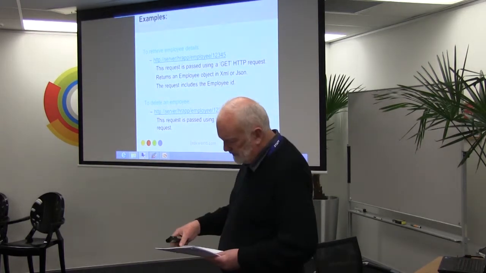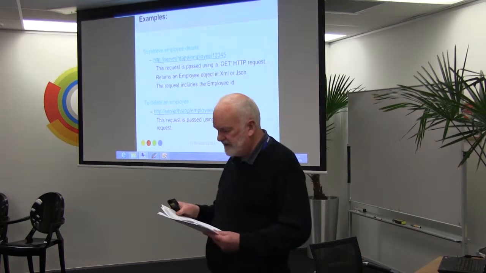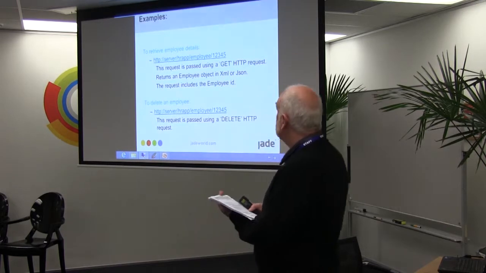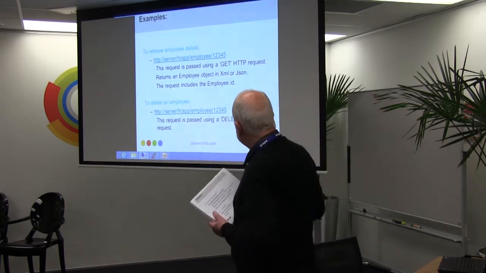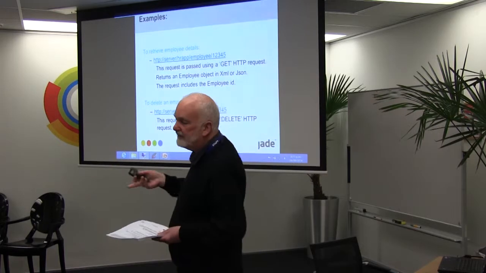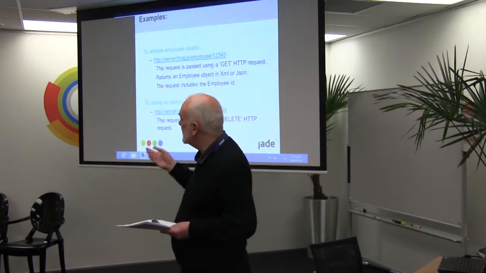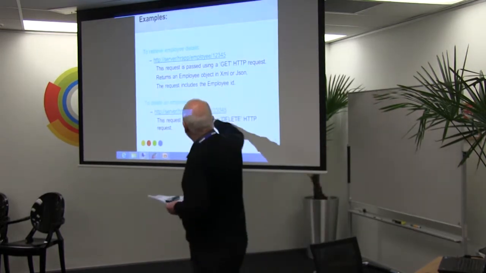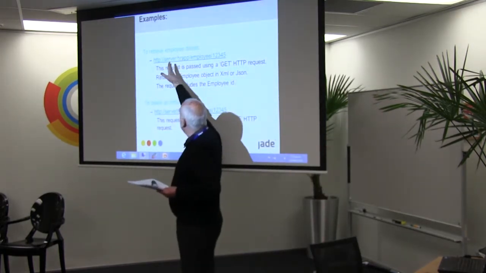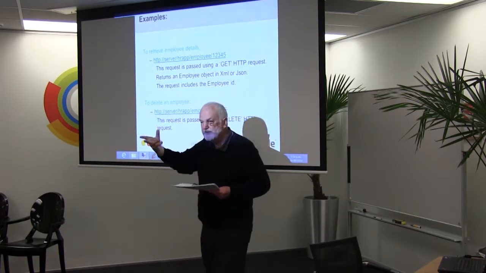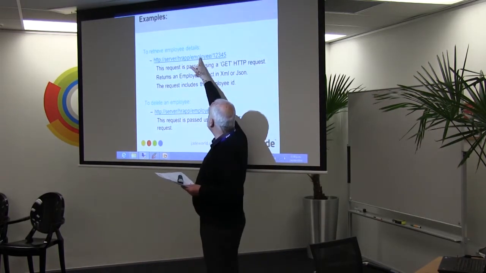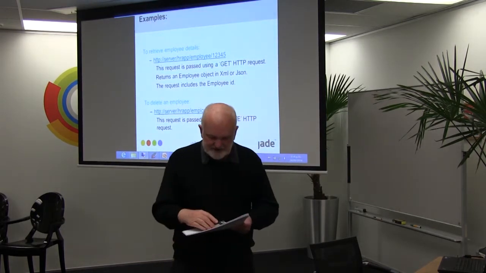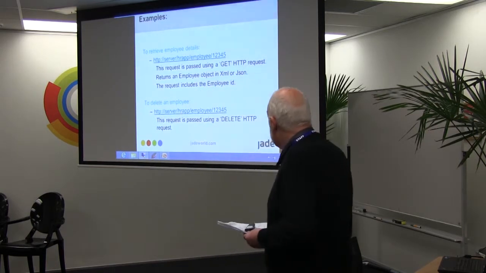So examples of a REST URI, and pretty much they're all the same. You're saying, I want to get an employee, the employee number 12345, and you're saying that via this URI, and you know the first part is how do I get to the server that's going to offer this service, and the rest of it is the noun essentially that you're dealing with.